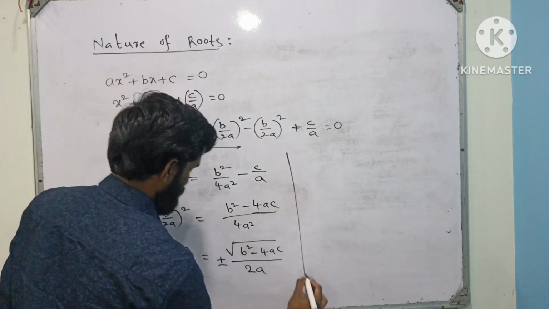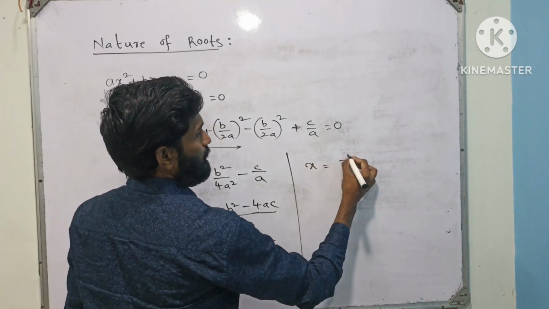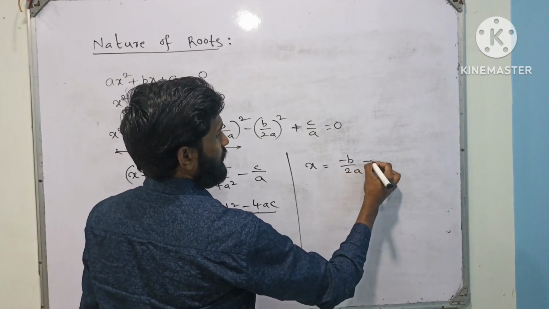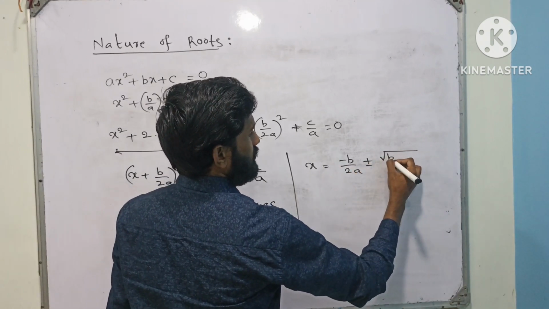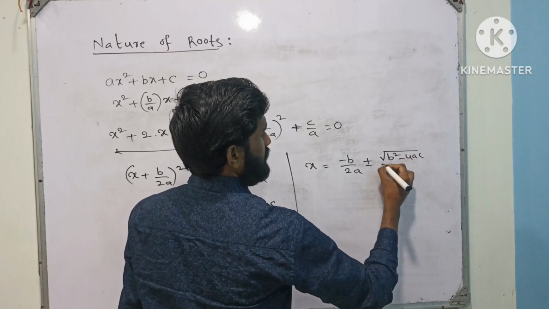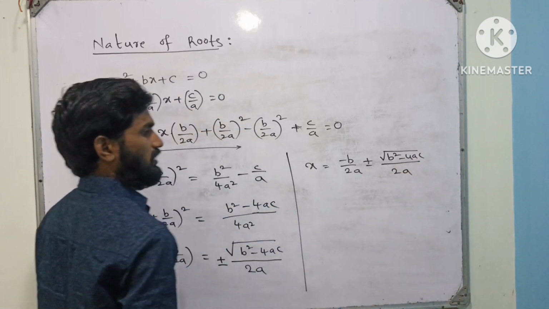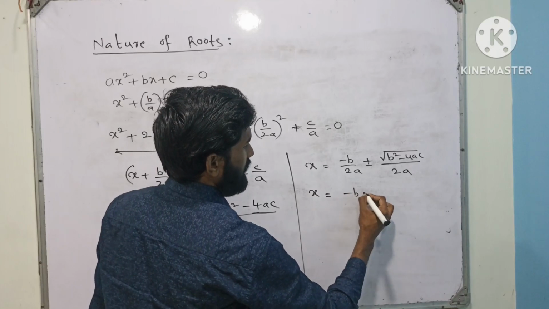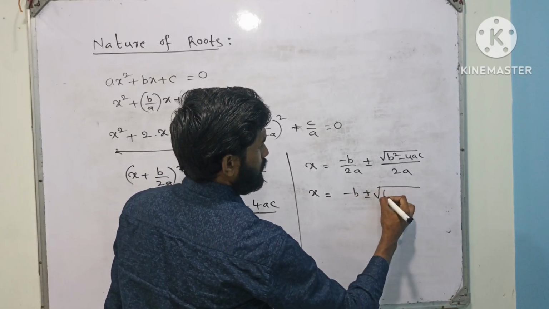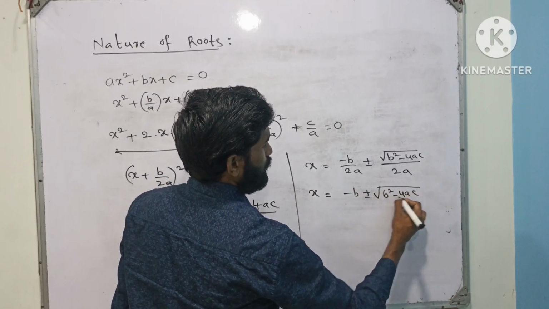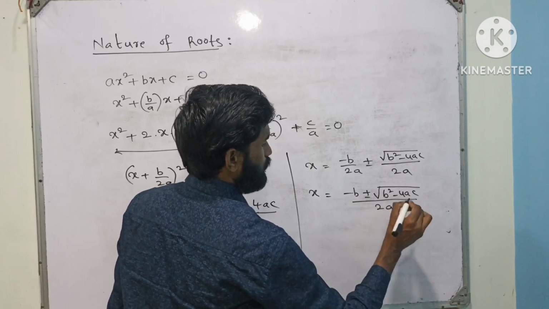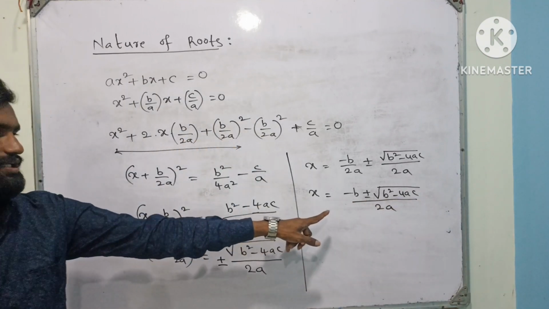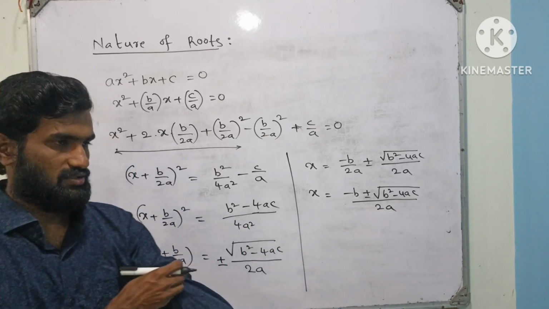What will happen? x is equal to minus b by 2a plus or minus root over b square minus 4ac by 2a. Now in both we are having 2a, so take LCM 2a, you will get minus b plus or minus root over b square minus 4ac by 2a.